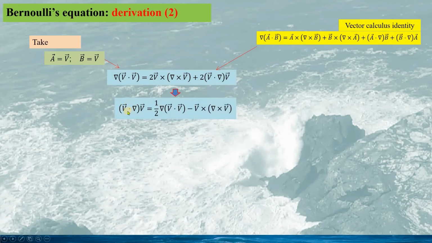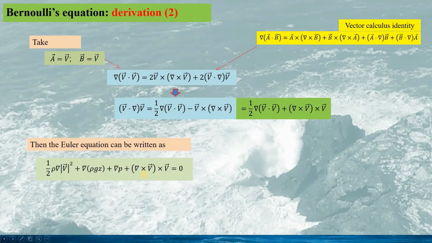So we can calculate the convective acceleration term given by this expression. And we change the order of the cross multiplication for the vector, so we have the expression as this. As such, the Euler equation can be written in this form.